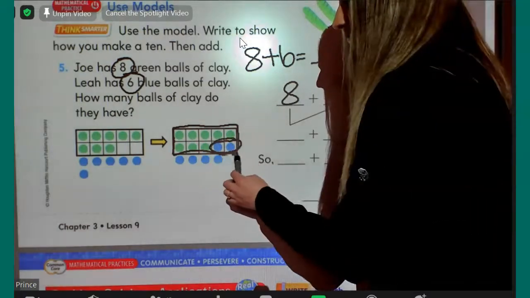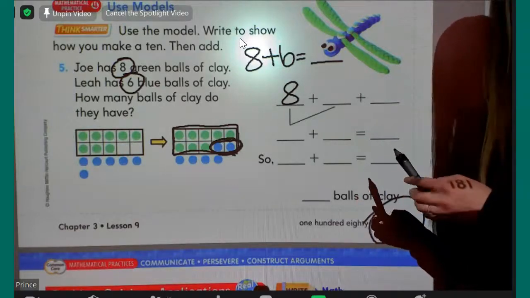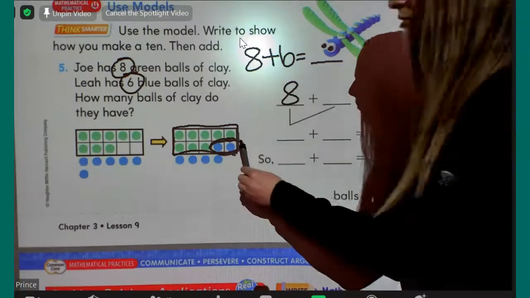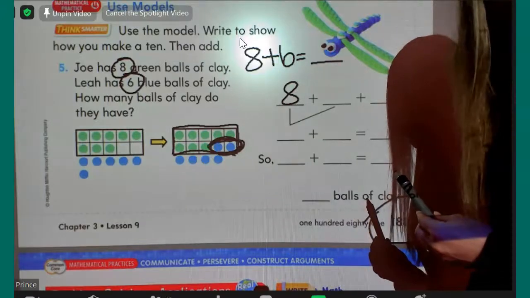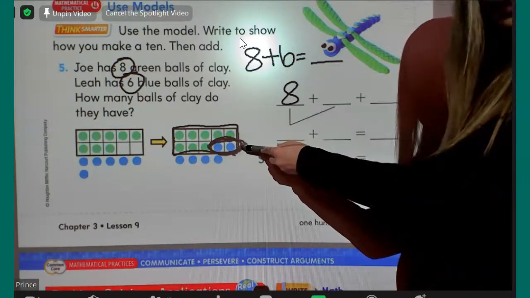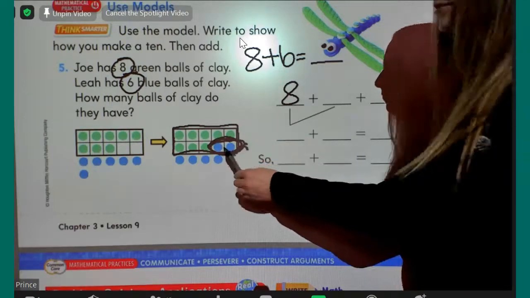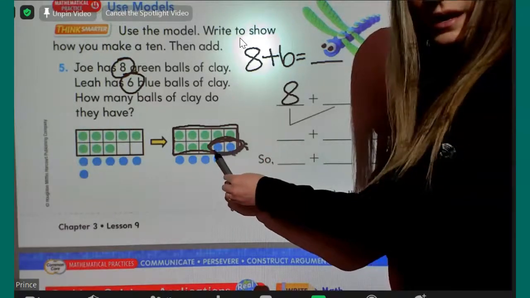Alakai, look where I'm pointing. How many right here? I have 2 blue. 2. Do you see that? There's 2 right here.